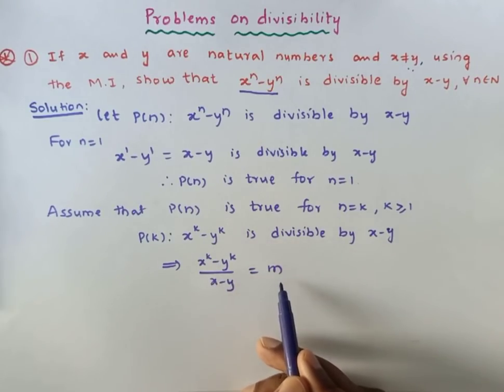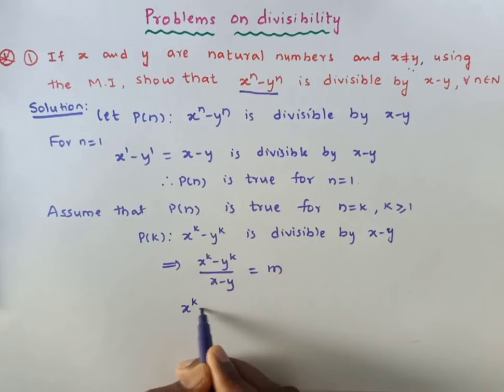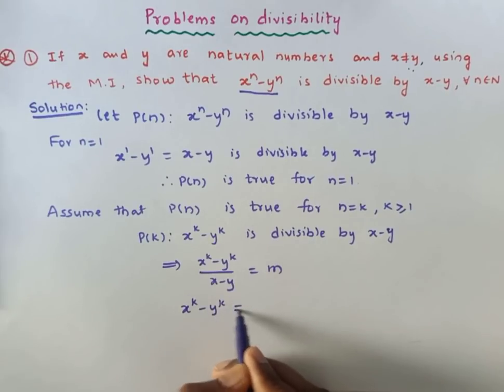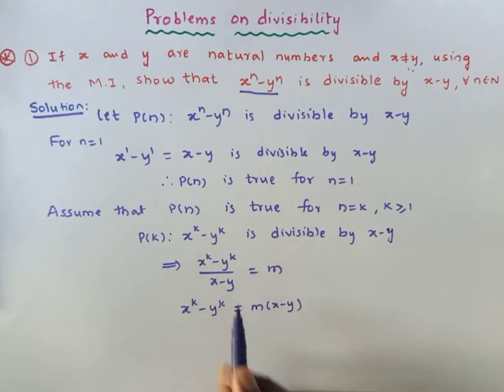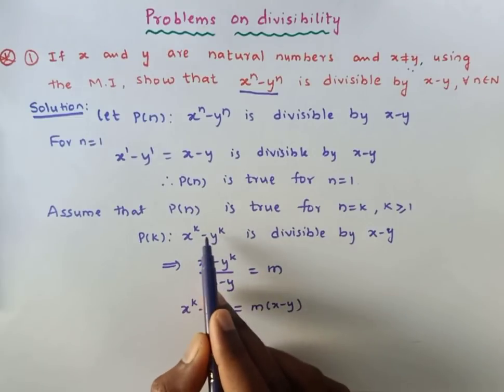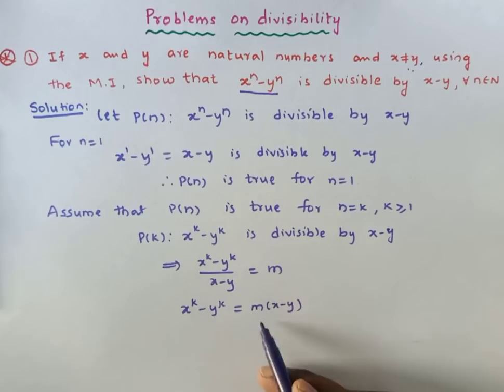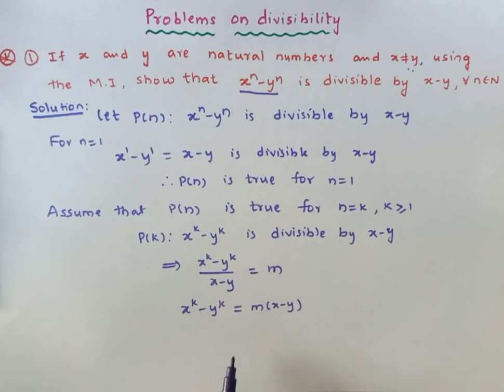So obviously we get some constant number. Now we can write x to the power k minus y to the power of k as m times x minus y. This quantity is divisible by x minus y, which means its value can be expressed as m into x minus y, so it is compulsorily a multiple of x minus y.